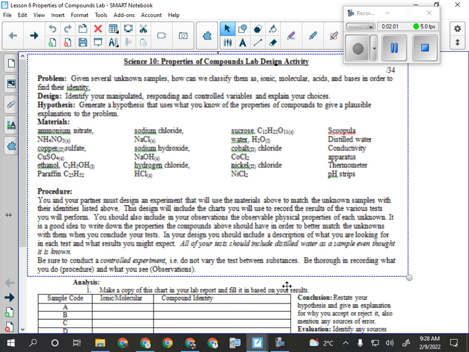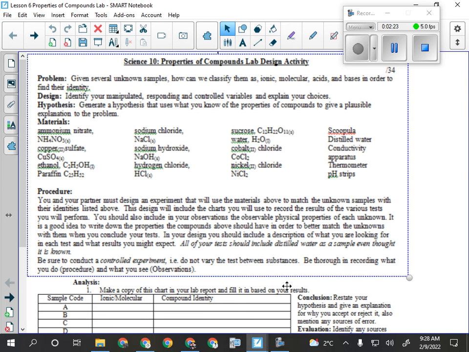Zach? We can use like "we" in our problem? We try to avoid the use of "we" at any point in a lab report. So you're trying to make a question out of this. Probably it's going to be a how question, as opposed to a why or a what or a who.